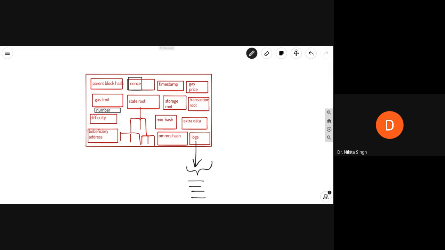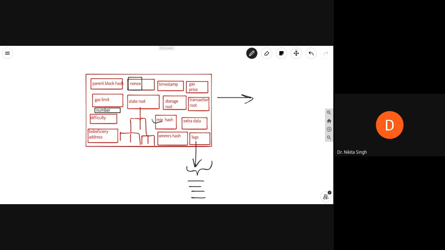Next, we have mix hash. Now, mix hash is calculated by combining it with nonce. It is a hash value, and when it is combined with nonce, it proves that this block has carried out enough computation. So what exactly it means is, you are saying you were able to find a number which is nonce, which is less than the difficulty target.